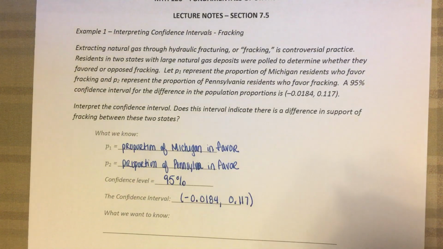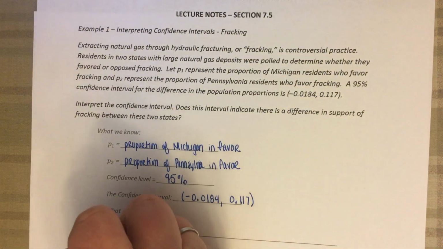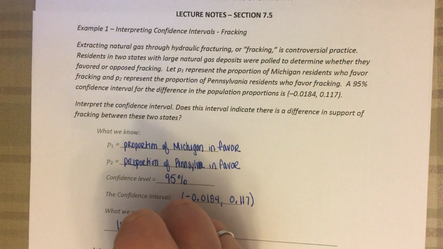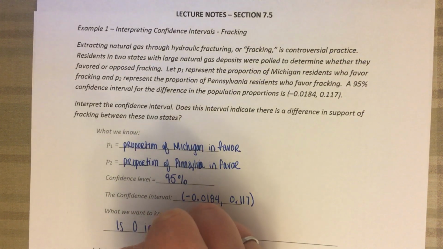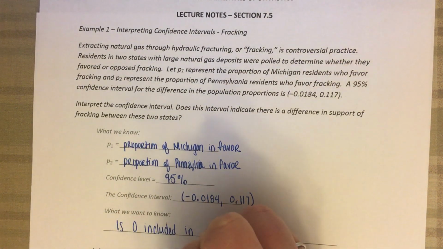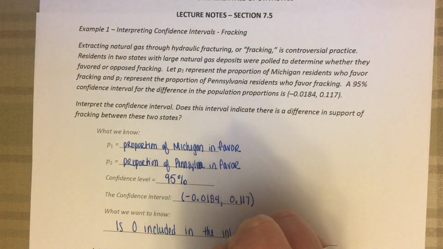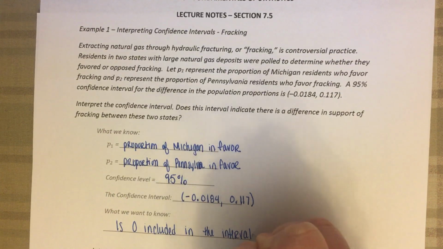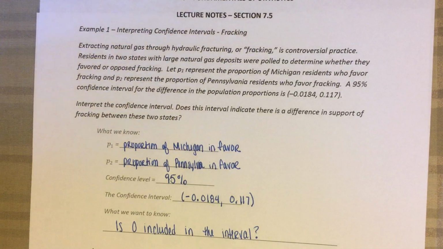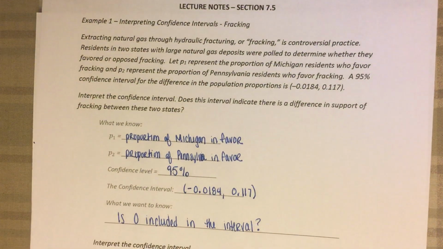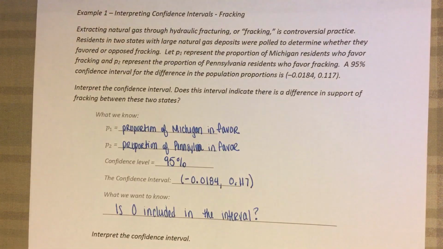What we want to look for first is: is 0 included in the interval? As we interpret confidence intervals for two different populations, that's what we're looking for.